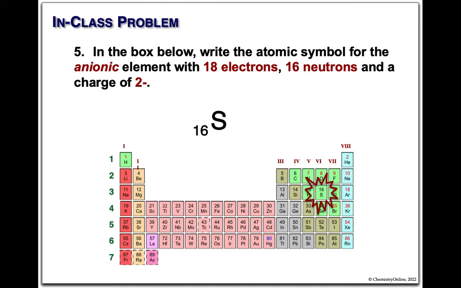The mass number is protons plus neutrons. 16 plus 16, 32. Now this guy is charged. So, following this as a superscript, you put the charge. And that's it. And you want all of the numbers on the outside. Your number of neutrons is just the mass number minus the atomic number.